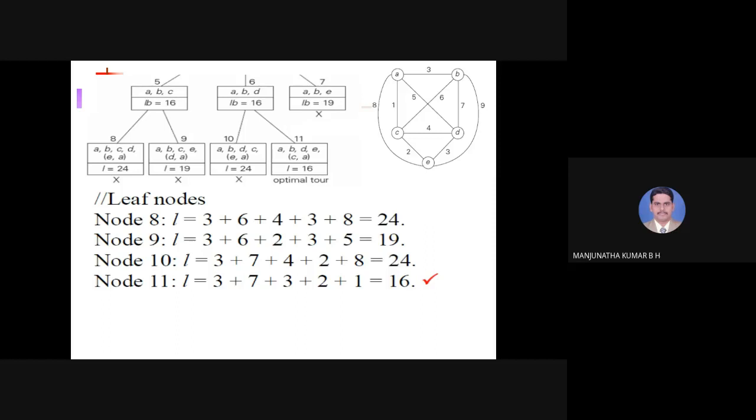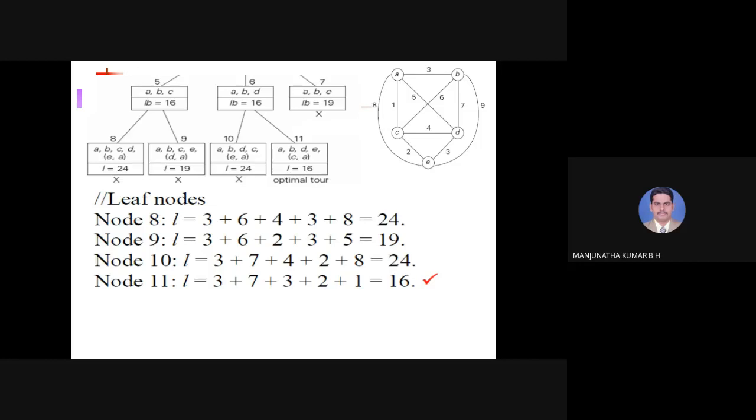That is E. Instead of doing one more calculation, visiting E is also done in node 8 only. Is it clear? See, node 8: after visiting C, I am visiting D. After visiting D, only one city is left, that is E. So the calculation for visiting E is also done in node 8 only. Otherwise, you would have to do one more calculation, which is not required.